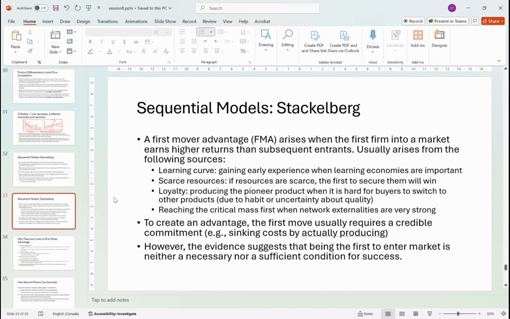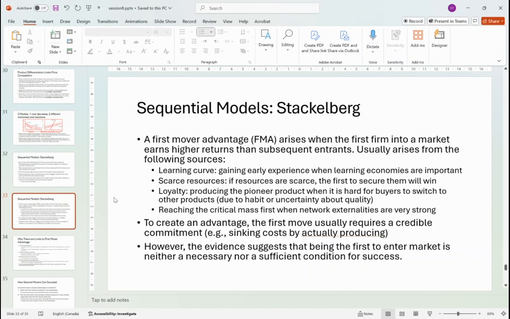The second reason could be scarce resources. Assuming the resources are scarce, the first firm that enters the market is able to secure the scarce resources for itself, right?